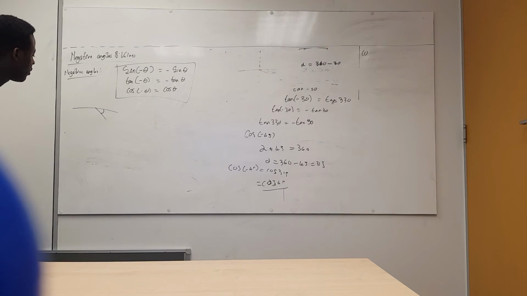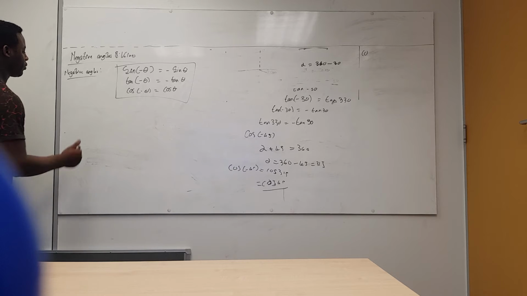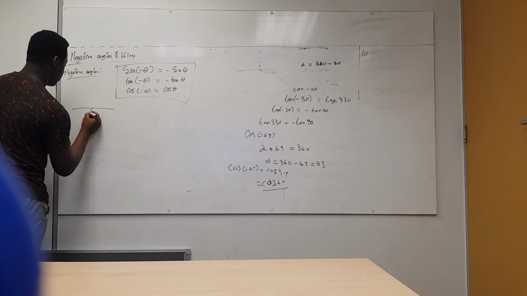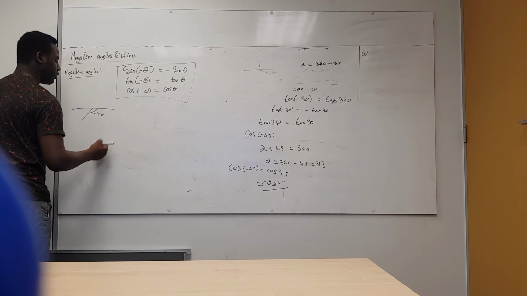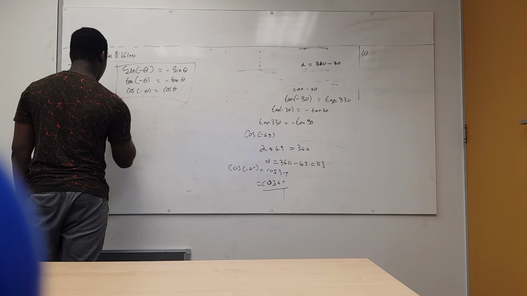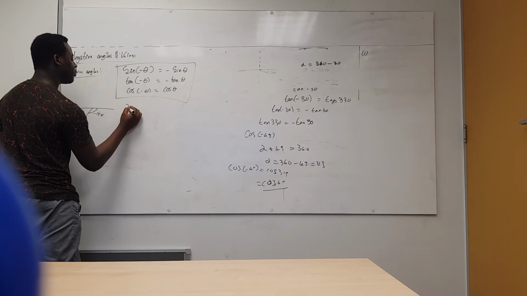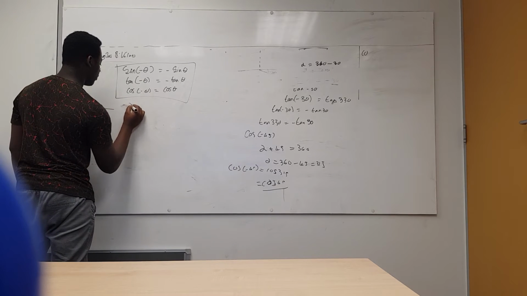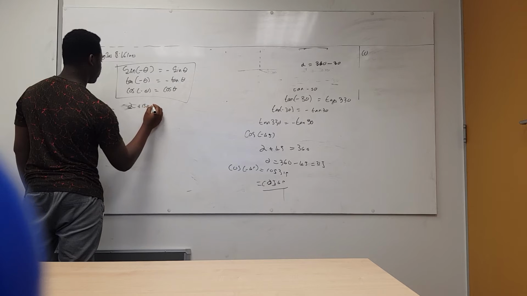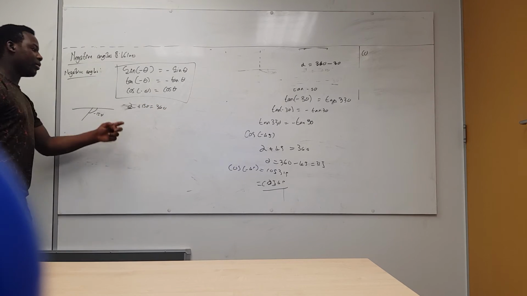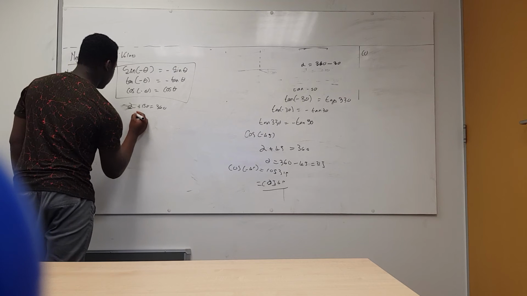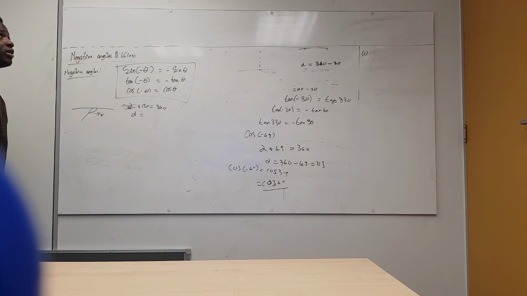Let's say you had 150. Let's try. I'm working meticulously for you to see the method. Alpha is equal to 360 minus 150. That's 210.